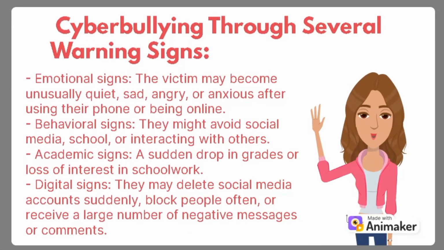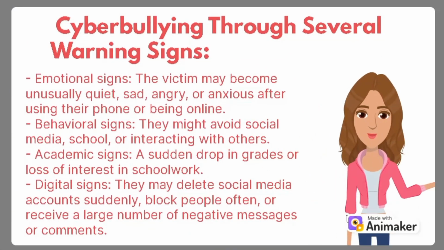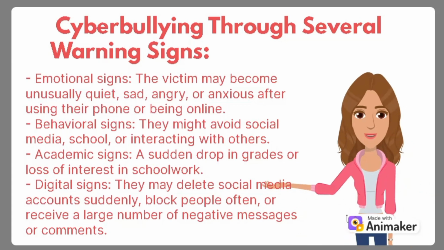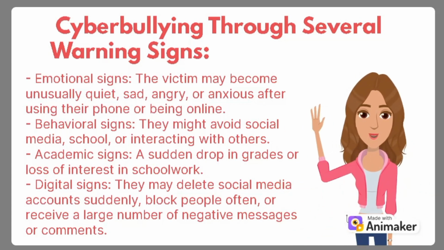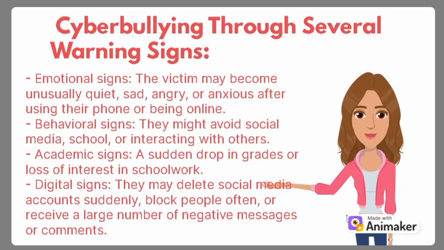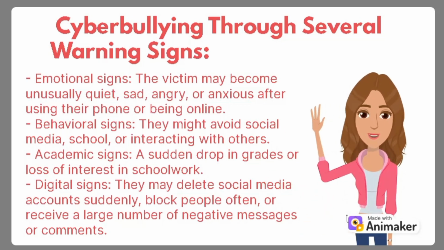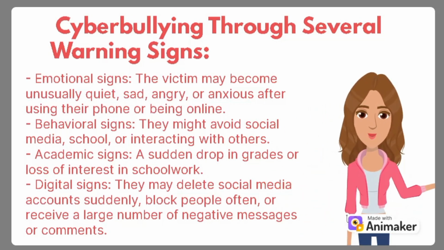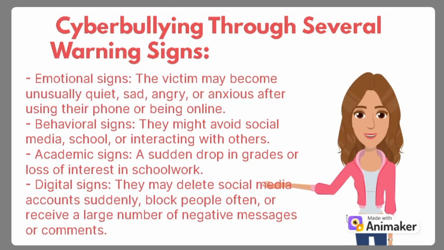You can recognize cyberbullying through several warning signs. Number 1. Emotional signs. The victim may become unusually quiet, sad, angry, or anxious after using their phones or being online. Number 2. Behavioral signs. They might avoid social media, school, or interacting with others. Number 3.